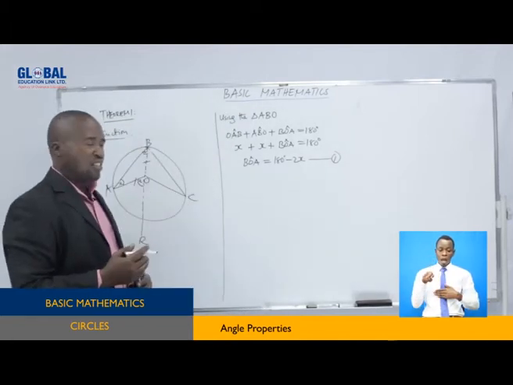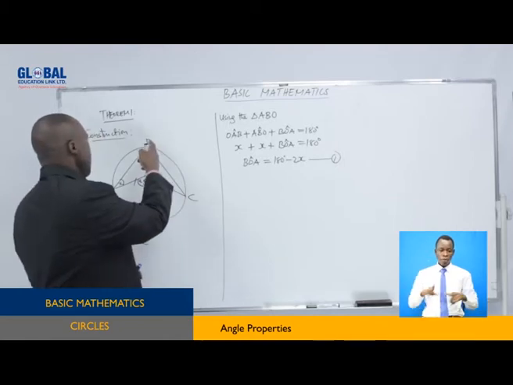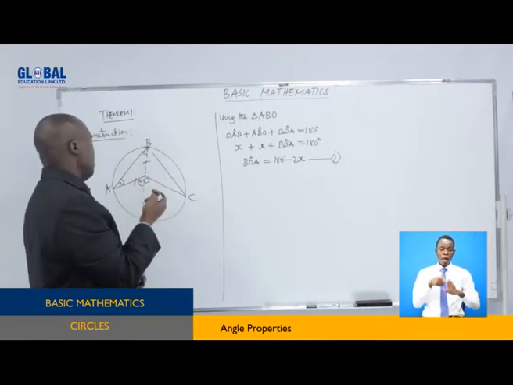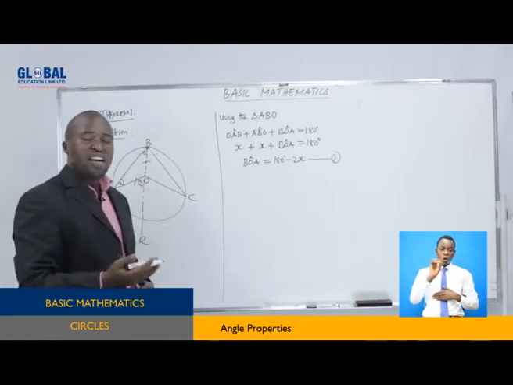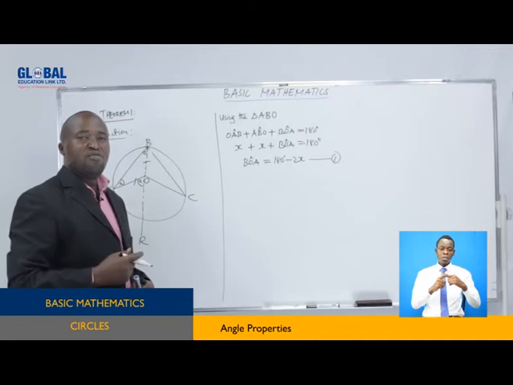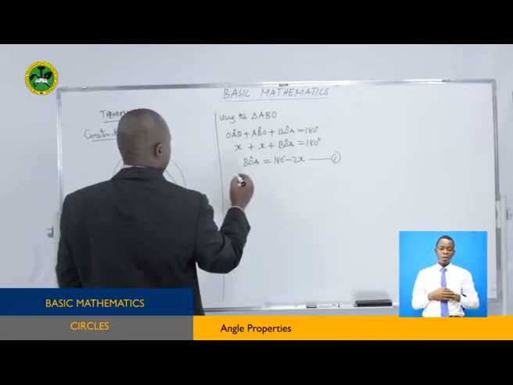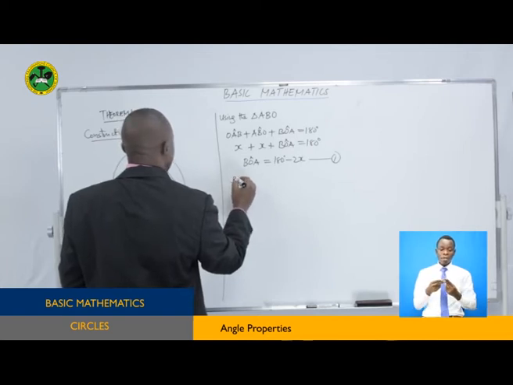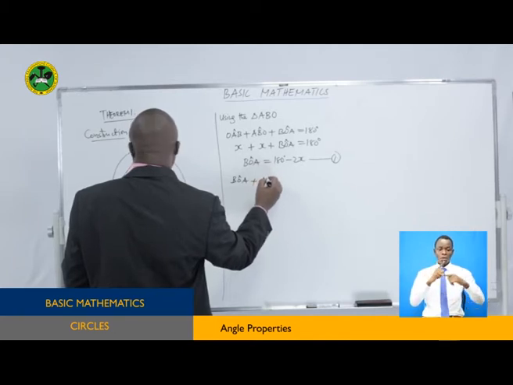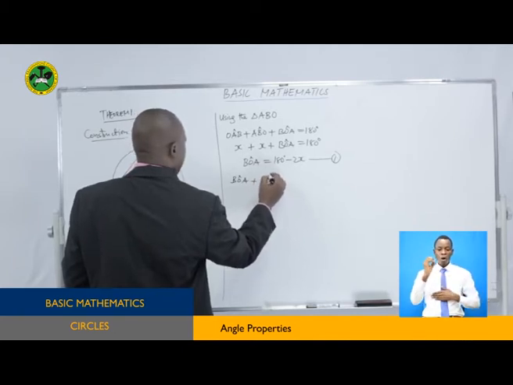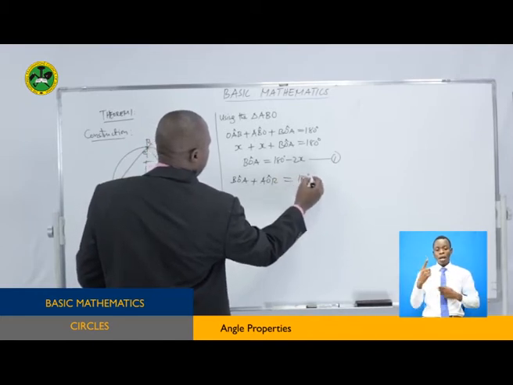But again, students, there is a straight angle here. That is BOA plus AOR is equal to 180 degrees, the sum of angles in the straight angle. So in this case, we say angle BOA plus AOR is equal to 180 degrees.